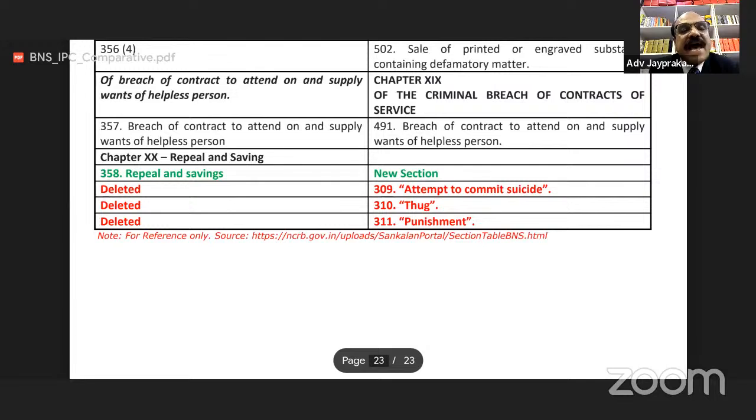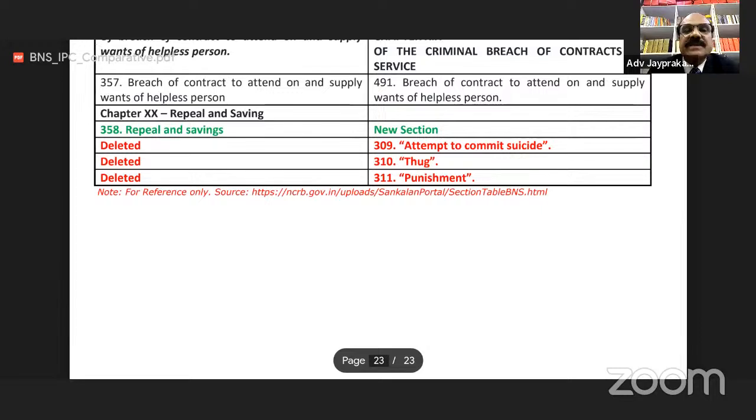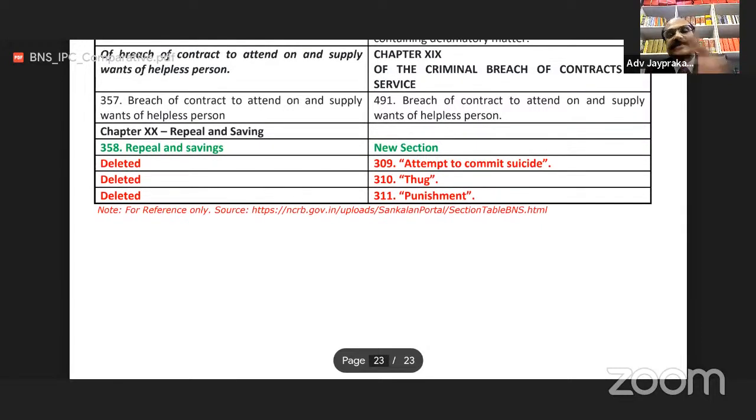Chapter 20 is there, repeal and savings. So section 358 of BNS is related to repeal and savings. This is the last section of BNS, and this is a new section. They have deleted attempt to commit suicide.